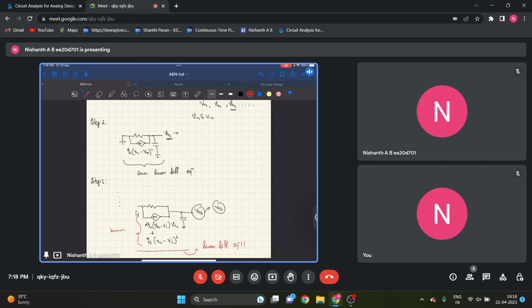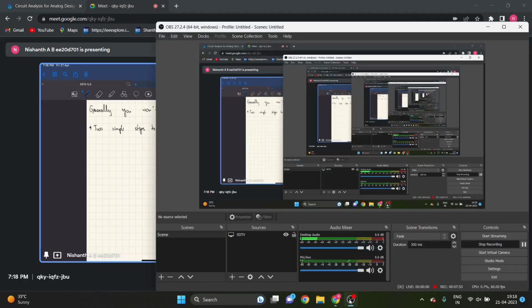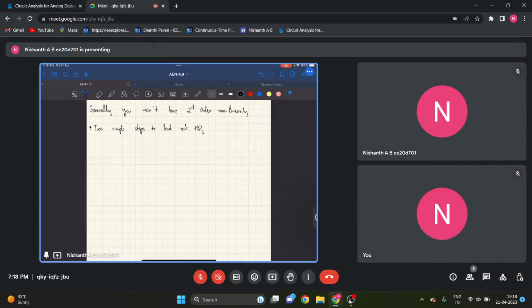Beautiful. Now that we have this background, the next obvious step is to explain to you guys that generally second order nonlinearity doesn't exist due to the use of fully differential circuits, right?